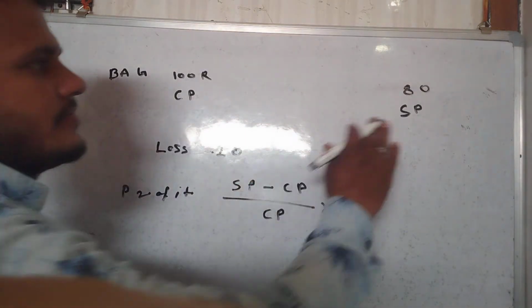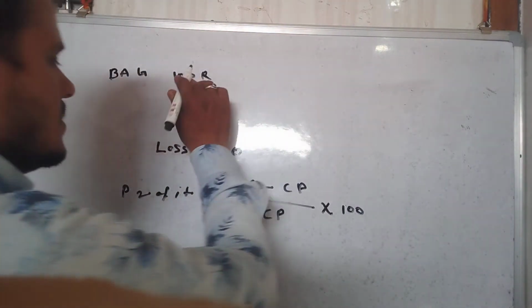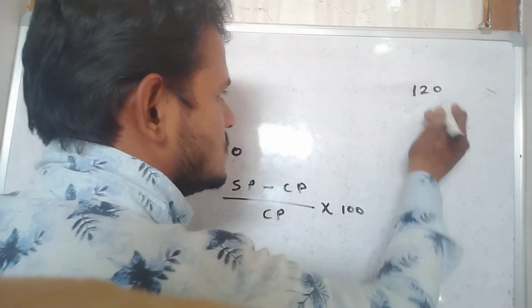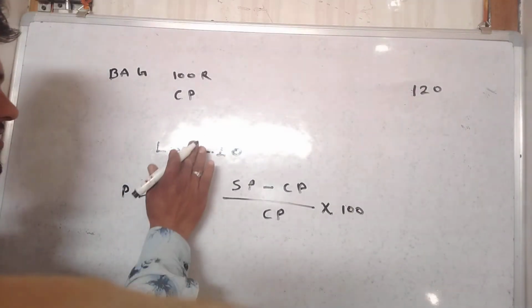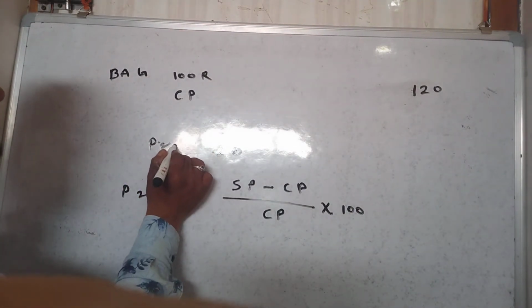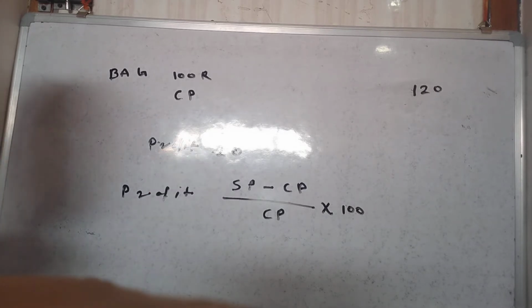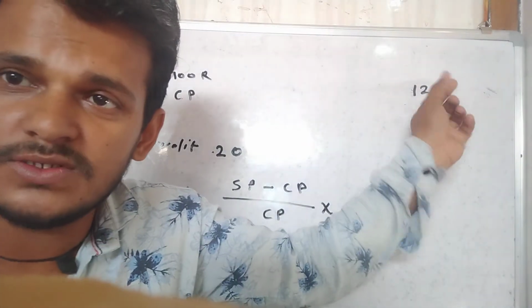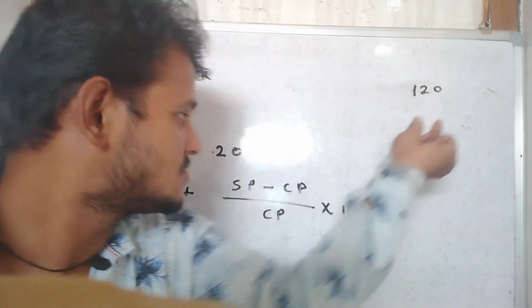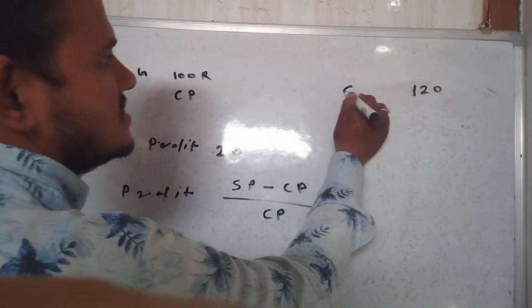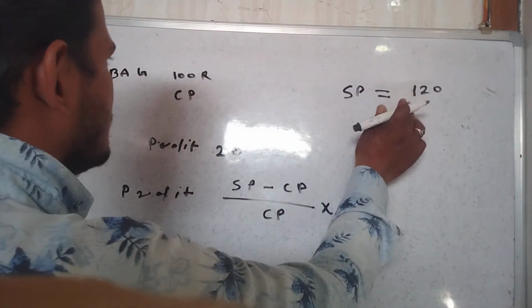Here, once again, you bought for ₹100 and you sold it for ₹120, right? So ₹20 comes extra. So this is a profit. SP is the selling price.